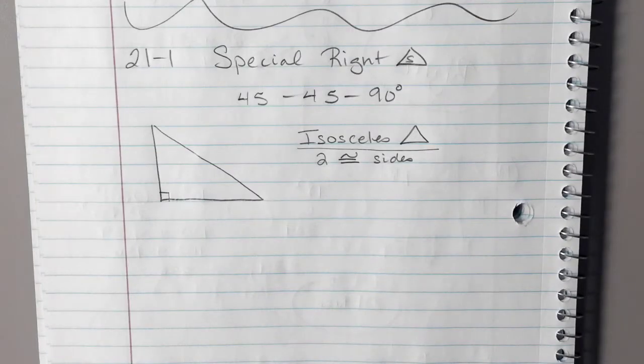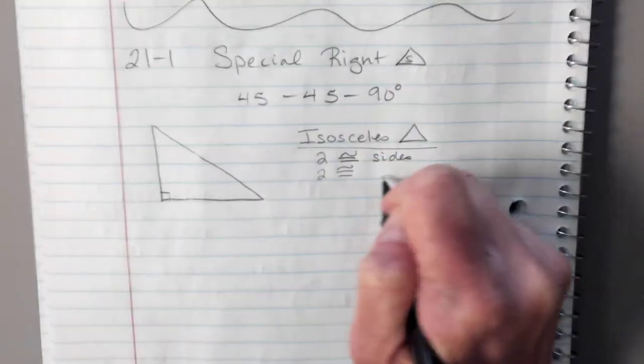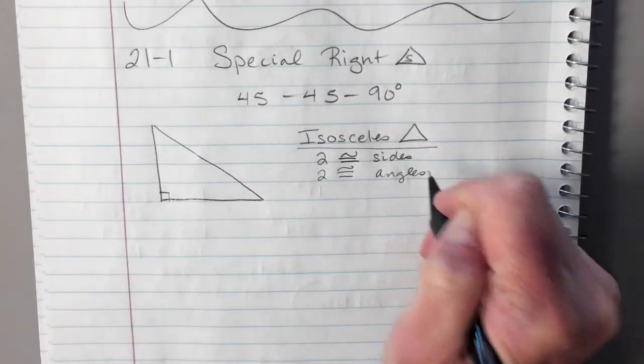Now there's something else in an isosceles triangle that's also the same. Want to make a guess what that other thing would be, or other 2 things would be? The angles. We're also going to have 2 congruent angles.